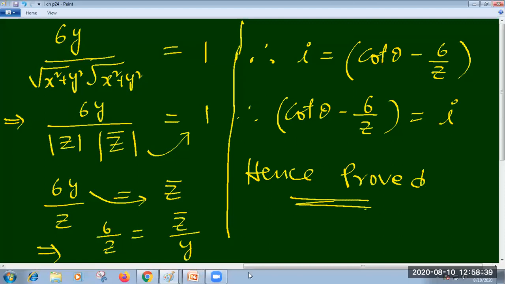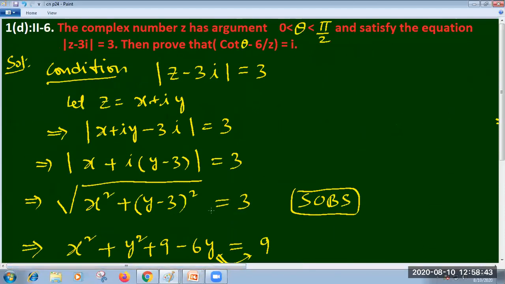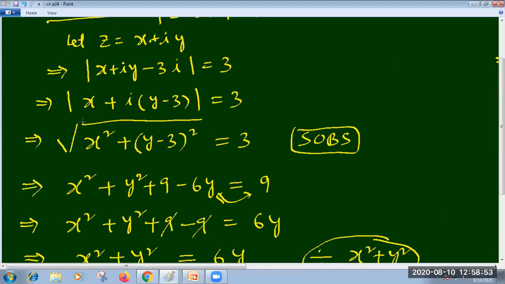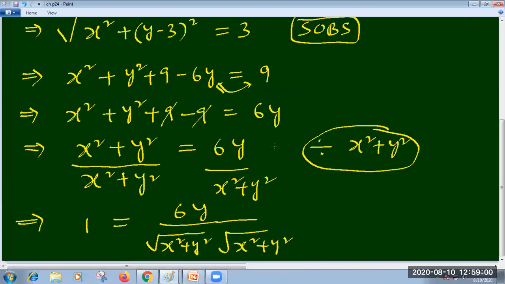Look at this. We have to take the given condition, z minus 3i is equal to 3, and in place of z write x plus iy, and further simplifying, taking the mod and squaring both sides, simplifying, we get x square plus y square is equal to 6y.